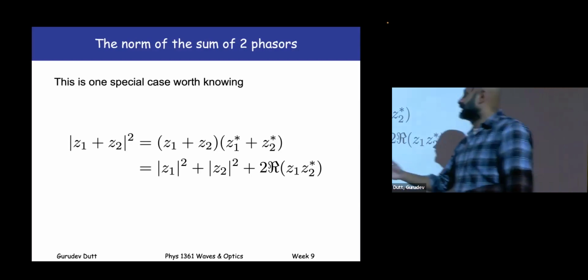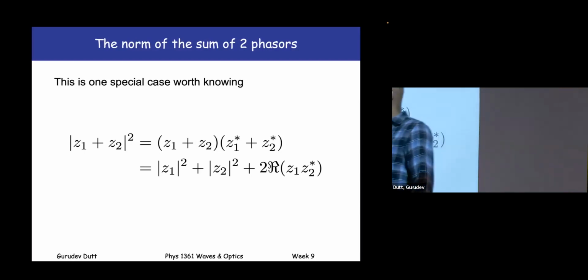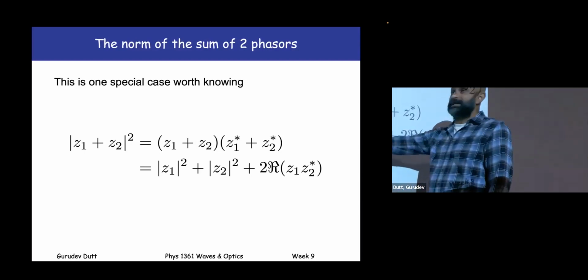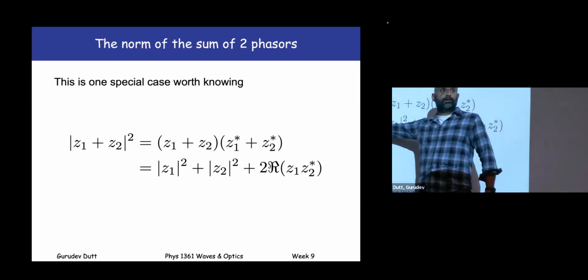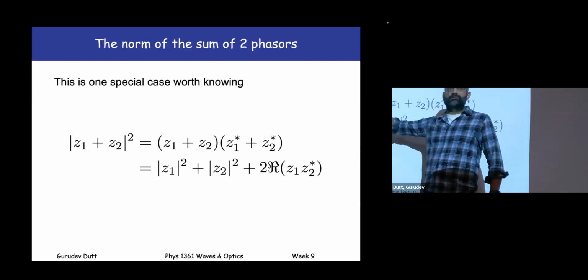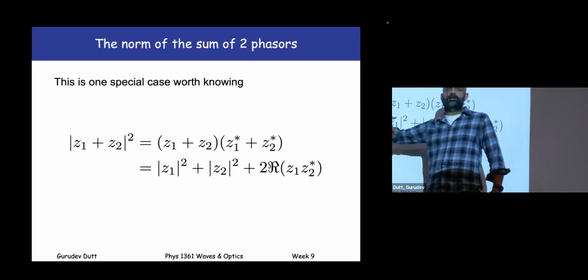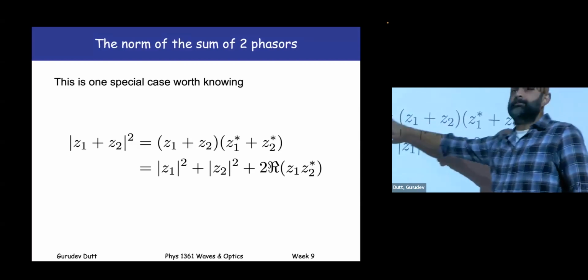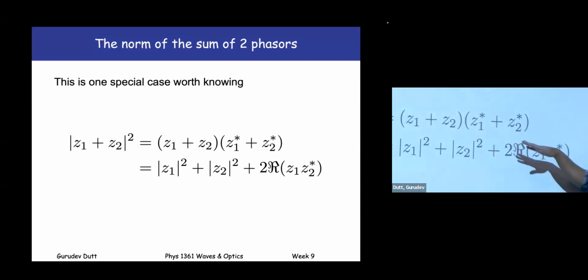So I have two waves, I'm adding them together, as we've just seen, that's okay. But to find the magnitude, I don't want to just square it automatically. Because squaring, again, Z1 plus Z2 times Z1 plus Z2, will not give me the right answer. But multiplying by its complex conjugate gives me the right answer, because that's just the magnitude squared.